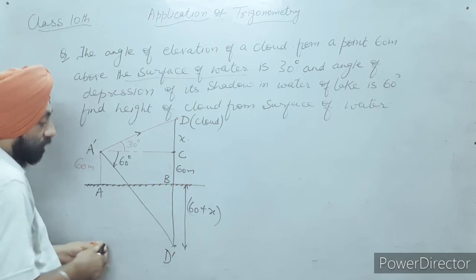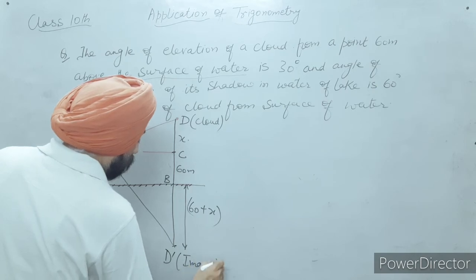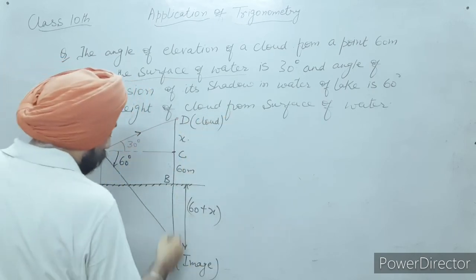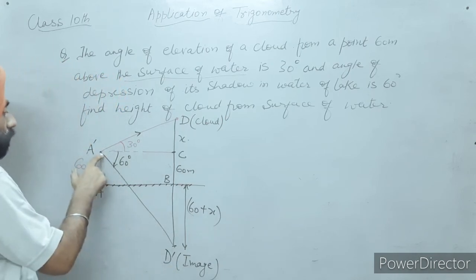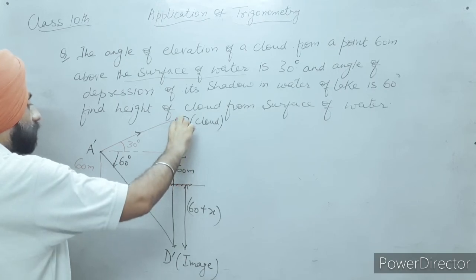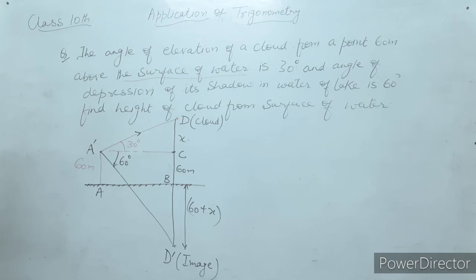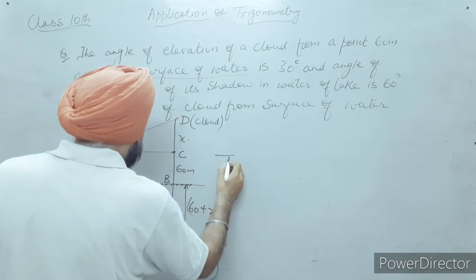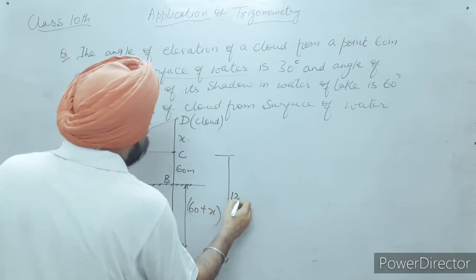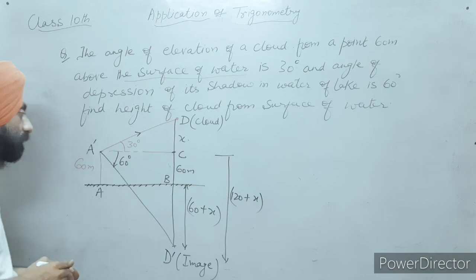This is the image of the cloud, or we can call shadow in the water of the lake. So what will happen? If this is 60 plus x, I have taken this as x, so this will also be 60 plus x. The total distance from this will be 60 plus x plus 60. It's 120 plus x meters. Okay?